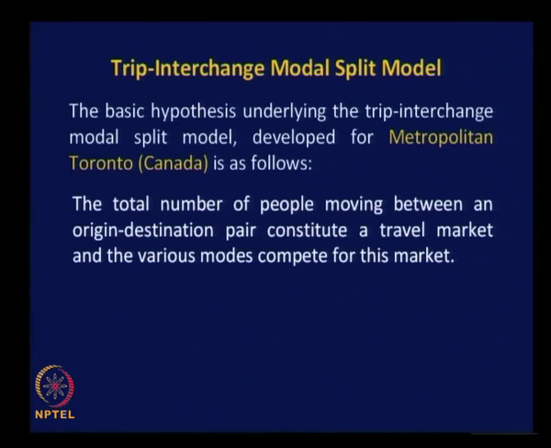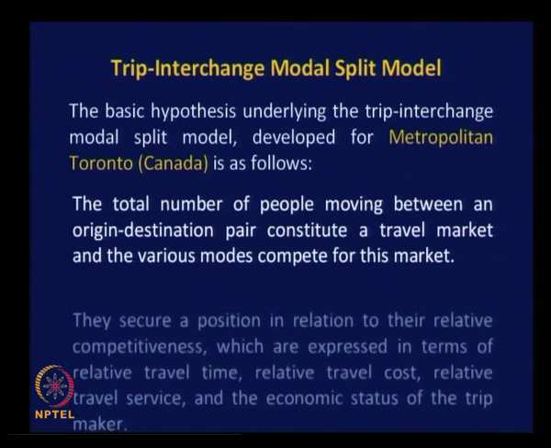the total number of people moving between an origin destination pair constitute a travel market, and the various modes compete for this market. This is the important hypothesis. They consider the demand for travel between origin destination pairs as travel market, and the available modes are competing for this market and reach a certain level depending upon their relative competitiveness, right.